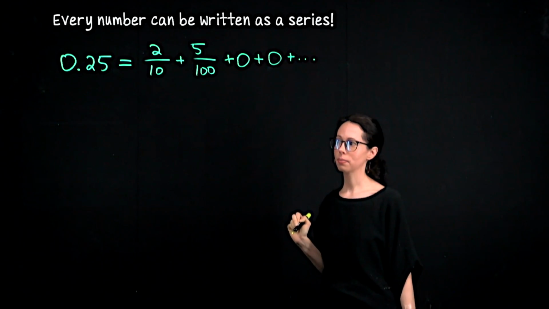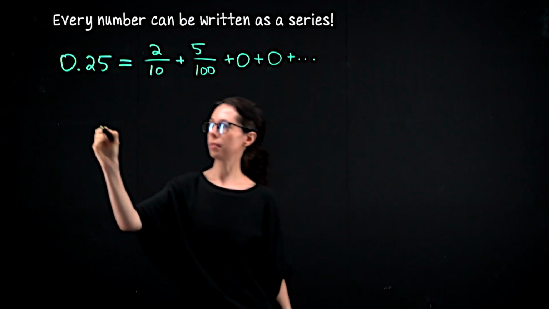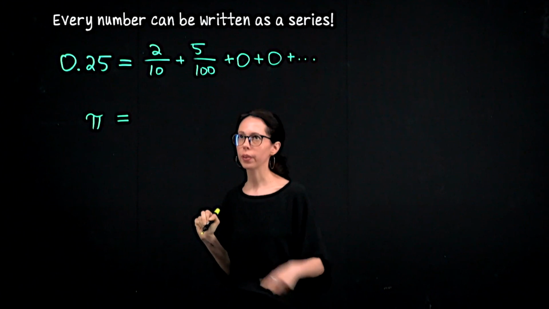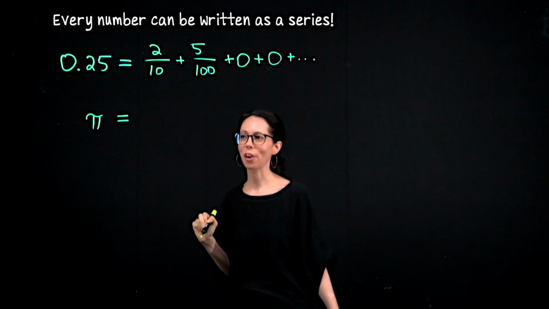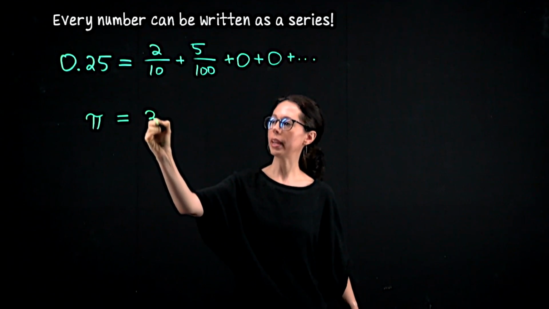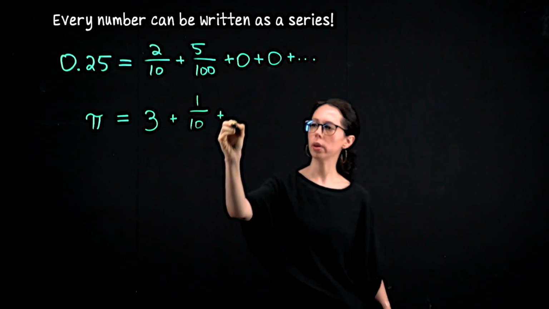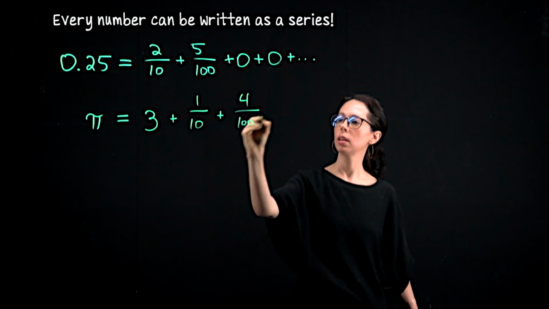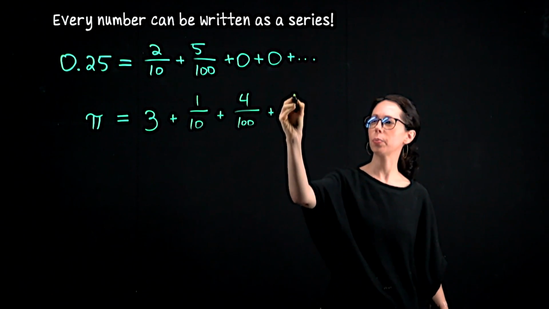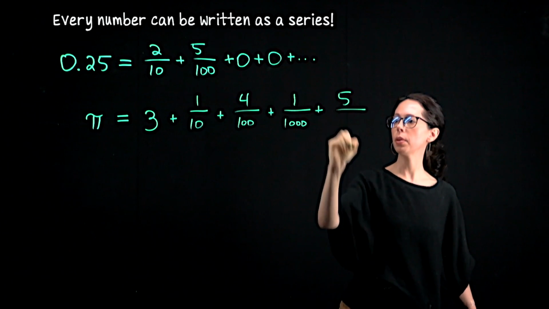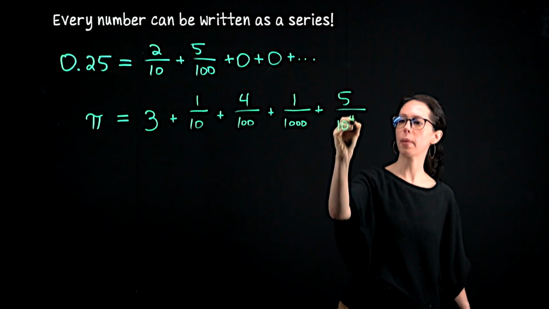Okay, so that's the number 1/4 presented in a way that makes it look like an infinite series. Let's take the number pi. Pi, 3.1415, that's as far as I can go. We could write this as 3 plus 1 over 10 plus 4 over 100 plus, assuming I'm right about 1415, 1 over 1,000 plus 5 over 10 to the fourth power.